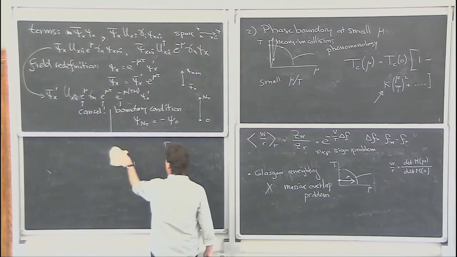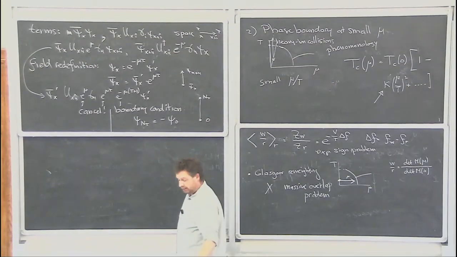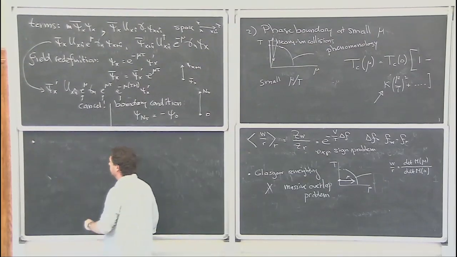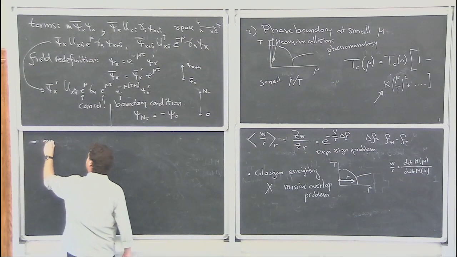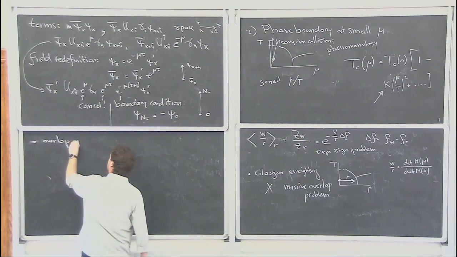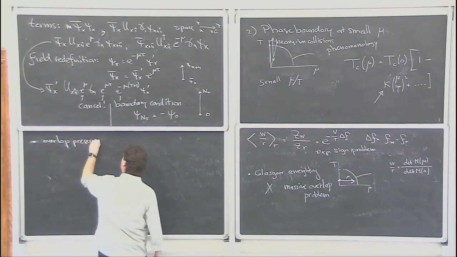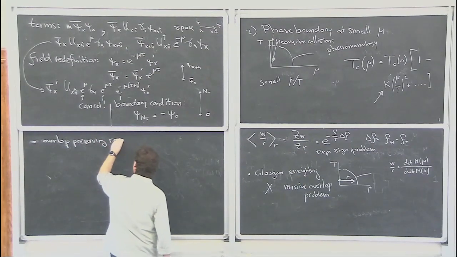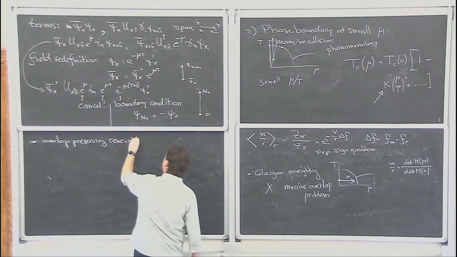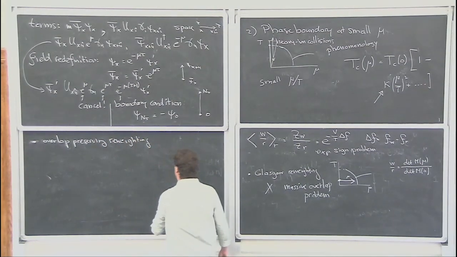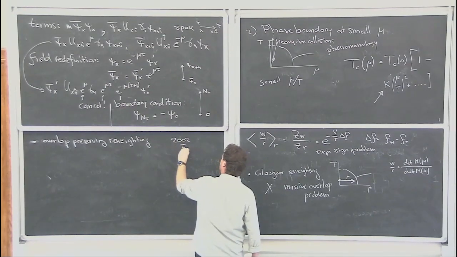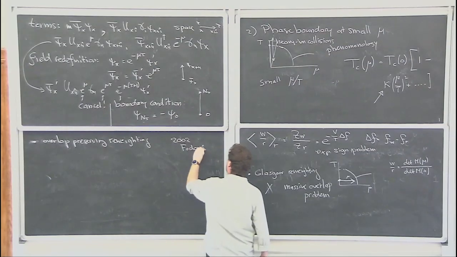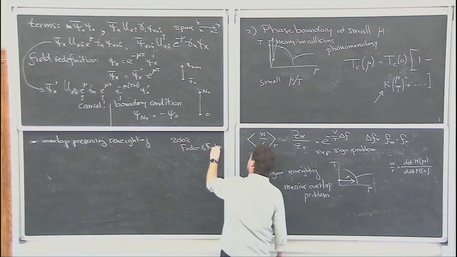I call this overlap preserving reweighting. And this was developed around 2002 by Fodor and Katz from Budapest and Wuppertal.